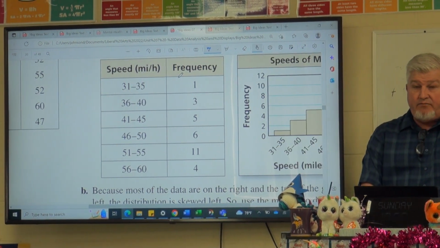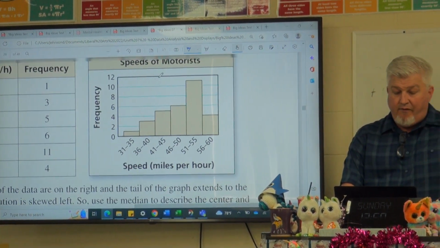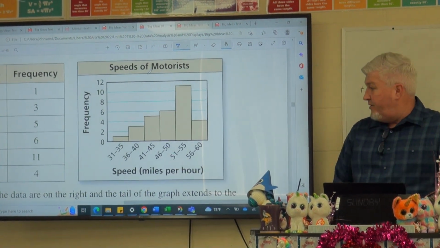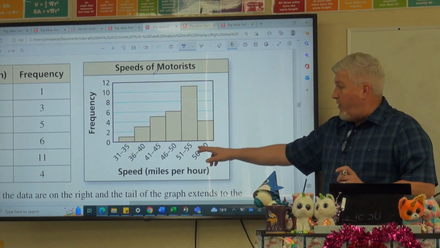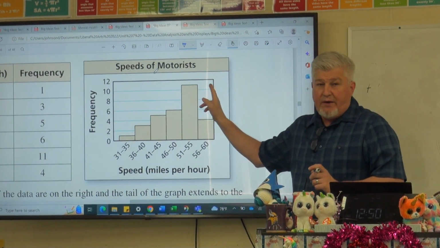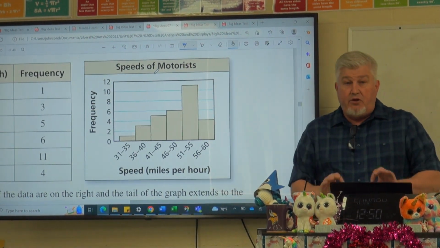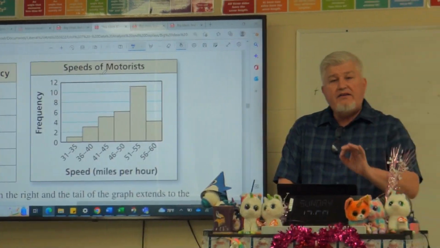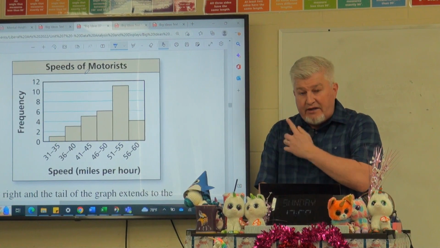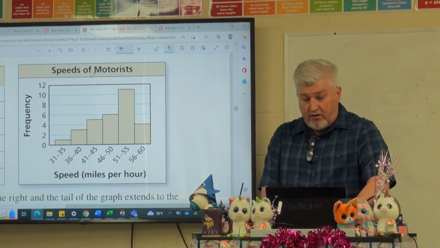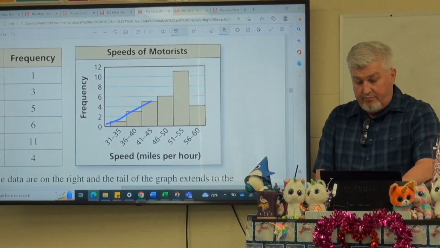So then we made a histogram of that. And here's what that looks like. We've got our 6 breakouts of 5 by 5 miles an hour, and how many were found each going that distance. So the next question asked is, what is our best measure for determining and interpreting this data? Well, let's draw our bell.